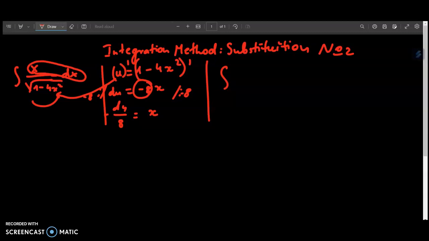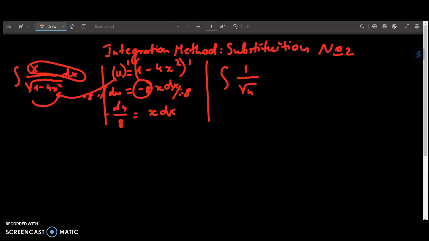So that's it. It's going to be our integration, and instead of the x dx, we're going to put this, and we should not forget to write dx as well because we took the derivative. So it's going to be 1 over the square root of u, right?